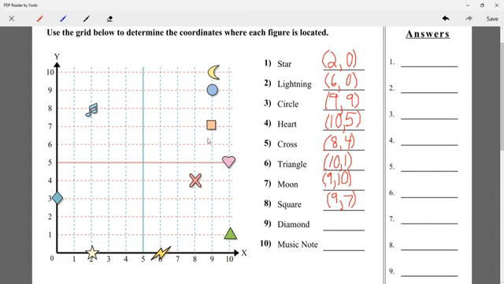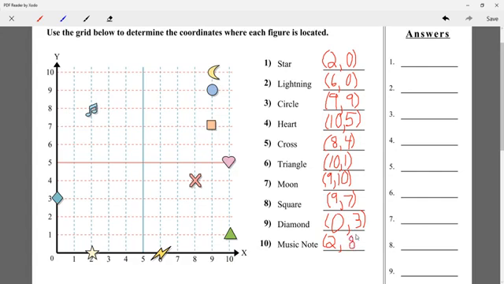Diamond is right here, so it is 0 on the x-axis, right? And then 3 on the y-axis, so 0, 3. And the musical note, last but not least, it is 2 on the x-axis and 8 on the y-axis.